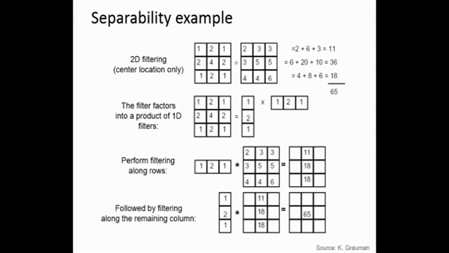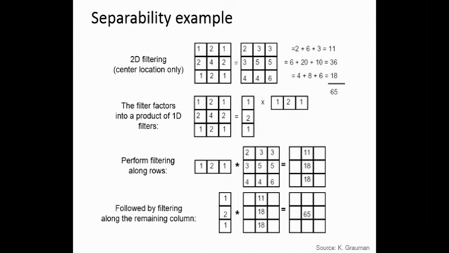So why is this useful? Why would I care about a filter being separable? What's the advantage? Yes, the answer is that computationally it's much cheaper. It's not so noticeable with a 3x3. But the time to process with spatial filtering is the number of elements in the filter times the number of pixels in the image.